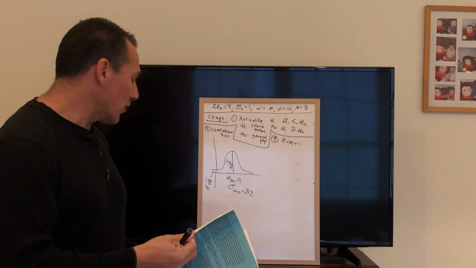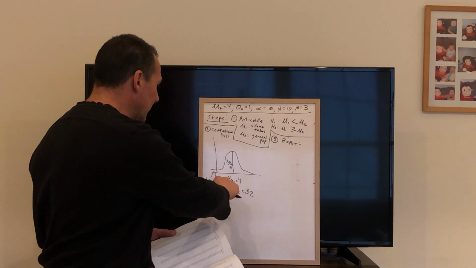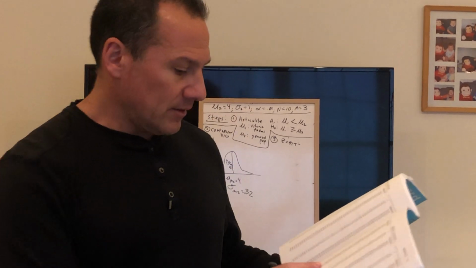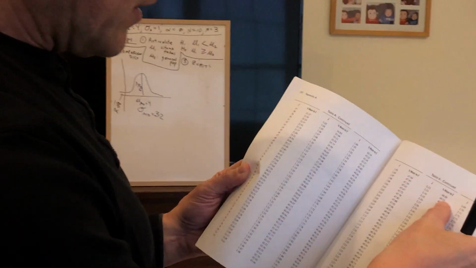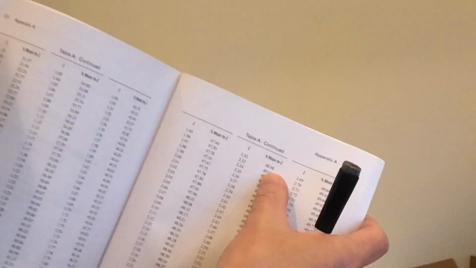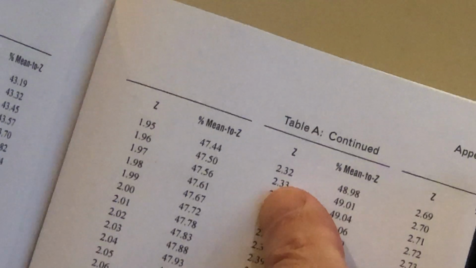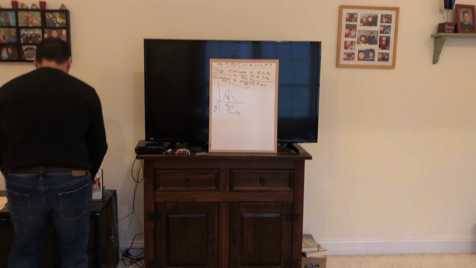and we're going to look up 49%, because you remember the table gives us the percent between the mean and a particular z. So we're going to look up 49%, and here we go. We got 49.01%, not exactly 49%, but that's the closest, and it corresponds to a z of 2.33. The only thing I'm going to do is add a negative.